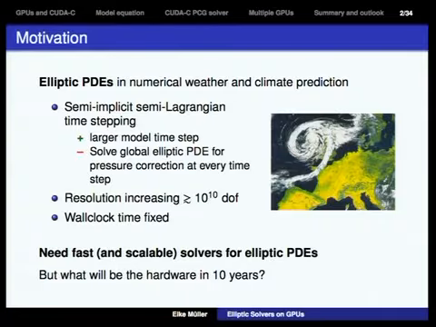That means you need a really fast and scalable solver for elliptic PDEs, and nobody really knows what the hardware will be in 10 years. It's probably something with lots of cores: a CPU with lots of cores, something like the Intel MIC processor, or a GPU. That's basically the reason we've been looking at this.